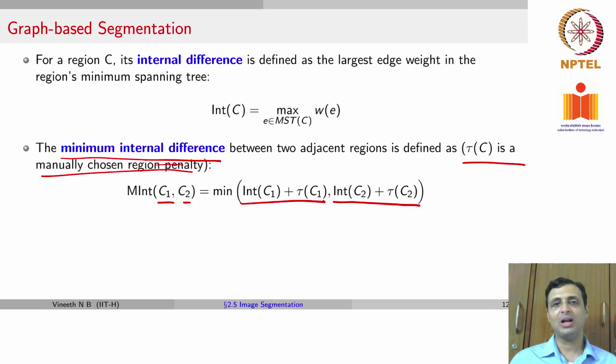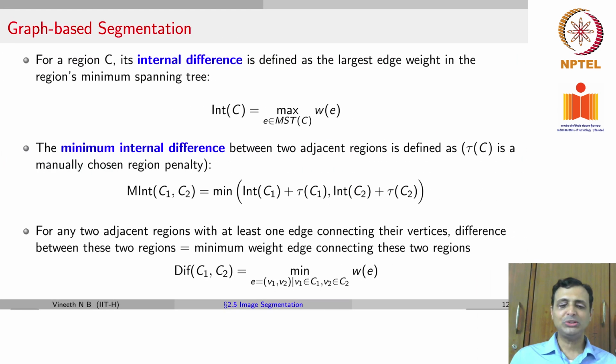So tau of C1 and tau of C2 could just be, say, the number of pixels in the region, maybe normalized, and so on. So you have region C1 with its internal difference plus some penalty, region C2 with its internal difference and its corresponding penalty, and you take the minimum of these two.